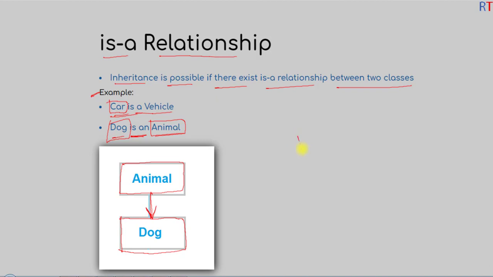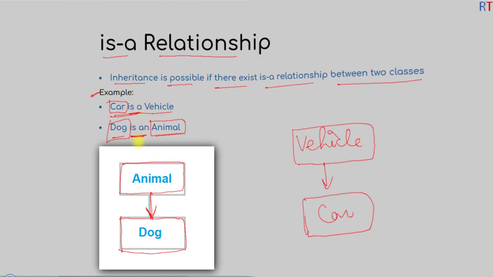Similarly, we can have one base class vehicle and derive property from the base class into the derived class car, and this is only possible because of the is-a relationship between the two classes.